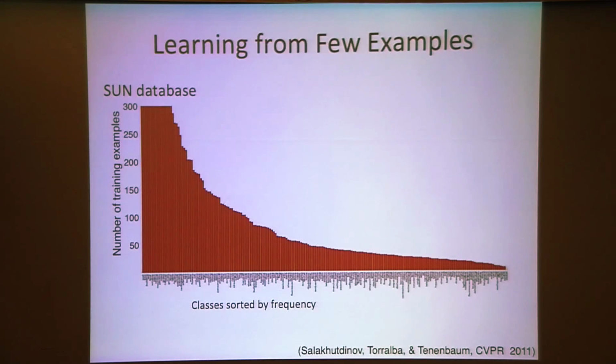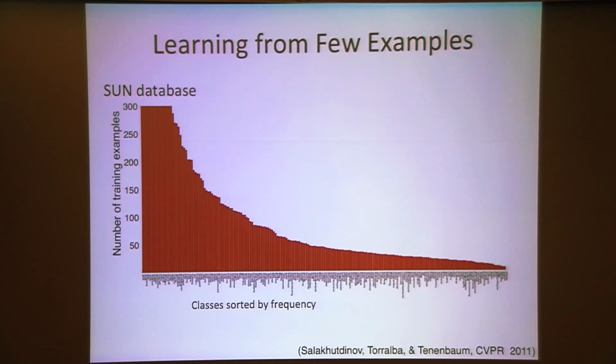Now, one of the questions we're facing today is that if you look at the distribution of objects you see in your real day-to-day life, it has a power law distribution. This is a particular SUN dataset. You have certain objects like doors, windows and cars, and you have lots and lots of these objects. And you have certain other objects for which you have few examples, like elephants.